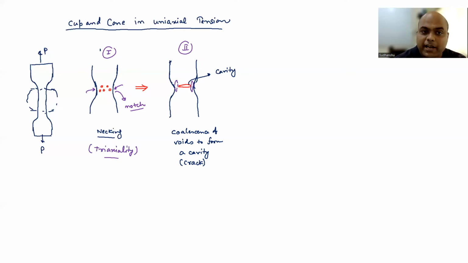Before that it was in plane strain condition because of the triaxiality, right? So now this thin region here, we can say is in plane stress condition. So we are now left with a thin section in plane stress condition.